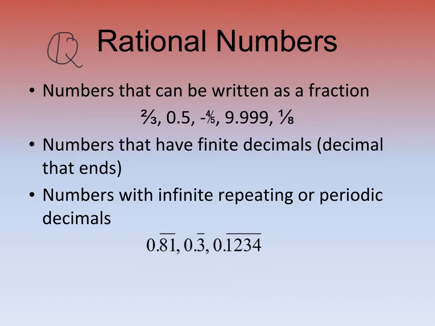0.5 is a finite decimal, and it can be represented as a fraction. What fraction would that be? 1/2, okay, would be the simplified. -4/5 is also a rational number. So a rational number can be negative. Then we have 9.999. If I represented that as a fraction, I would get 9999 over 10,000, right? 1/8.